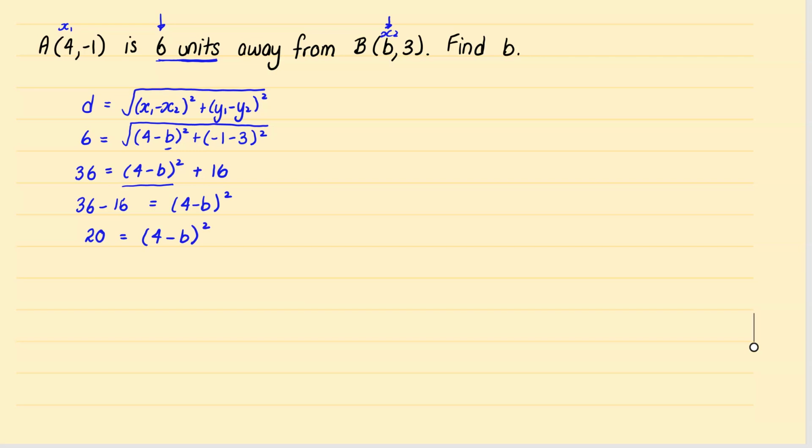Okay, and now to get b by itself, instead of expanding, I can go, well, hang on, how do I get rid of this squared? The opposite of squaring? Correct, square rooting. Now I'm going to square root this 20, and I'm left with 4 take b.